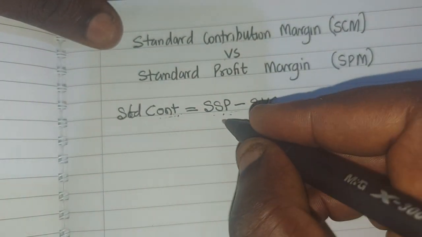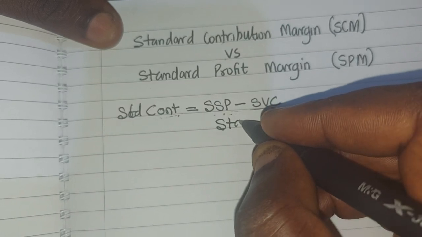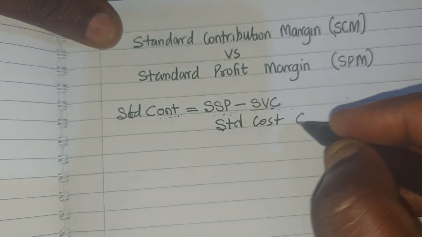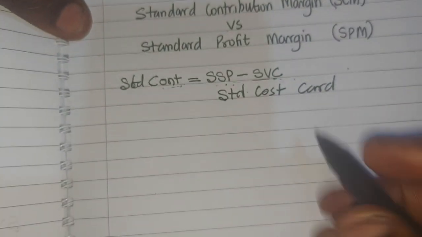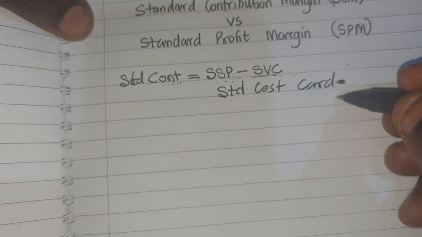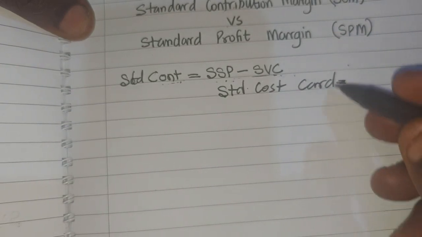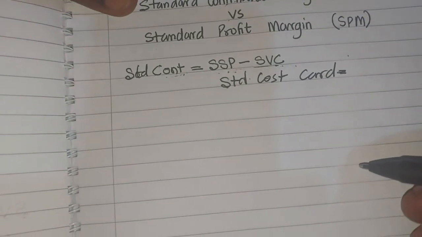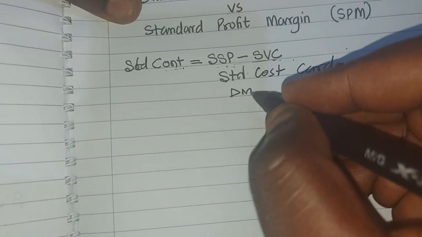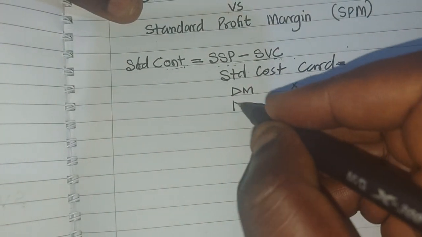Supposing you are given a standard cost card. Don't forget that a standard cost card is a statement that shows the expected production costs per unit, that starts with material, direct labor.